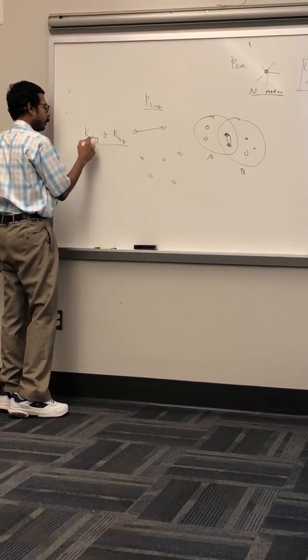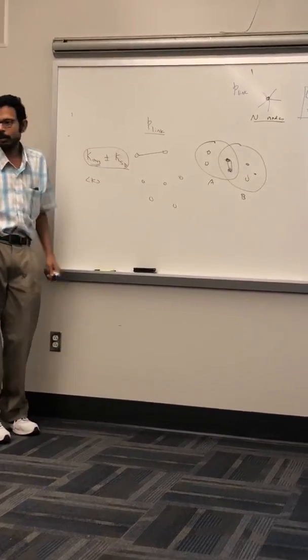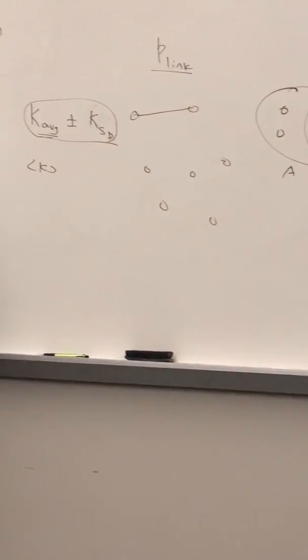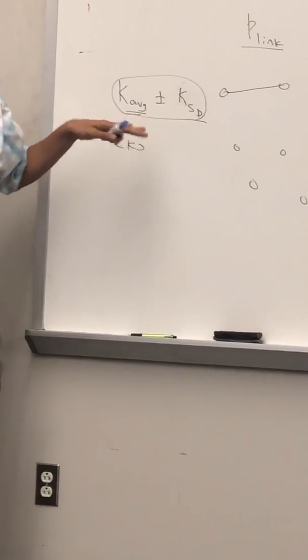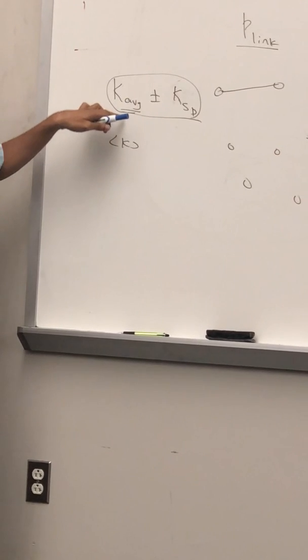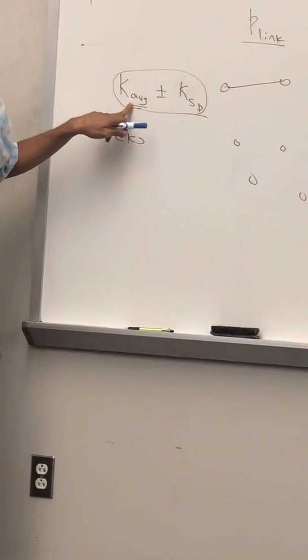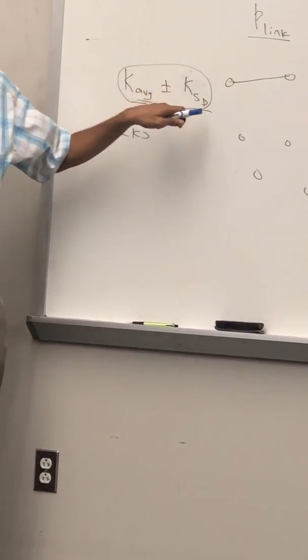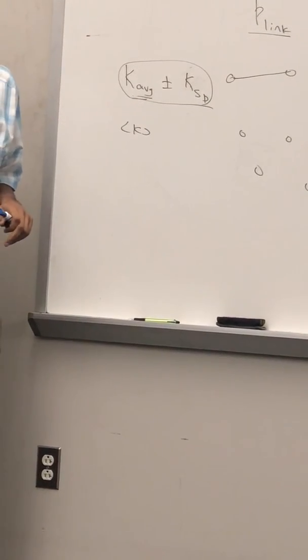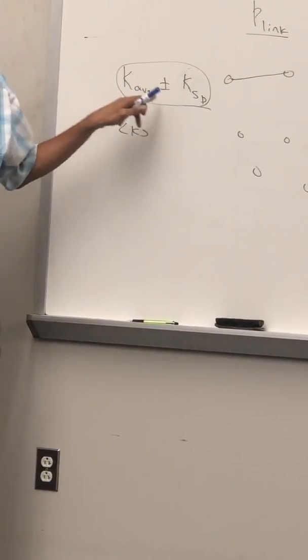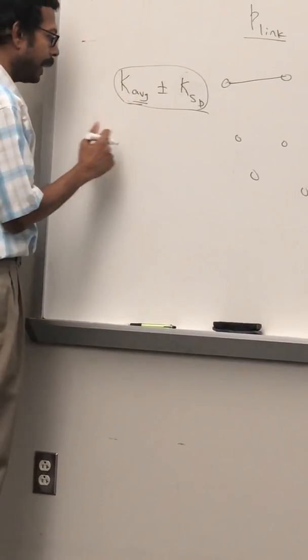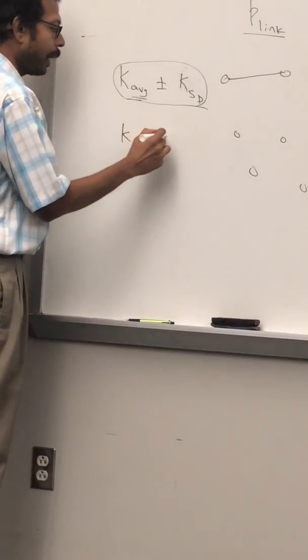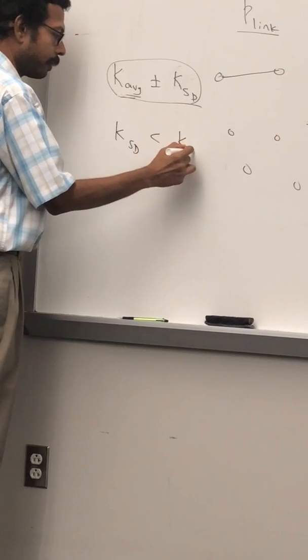Again, not all the degree values will fall in this range, but roughly we can say the range of degree values for the given network would be the average plus or minus the standard deviation. This is reasonable to say if the standard deviation is less than the average.